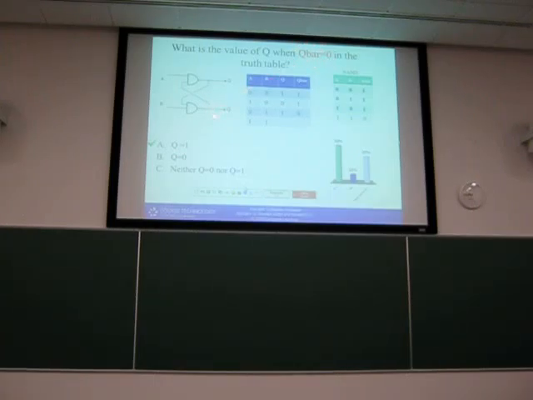If I have a 0 here, my truth table over here tells me as long as I have a 0, the output is 1. That's it.